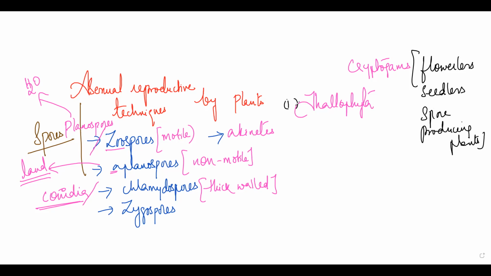I hope you all have once gone through the classification and learned about it in your 10th standard. So I'm talking about the same, that your cryptogams comprise some divisions like Thallophyta, Bryophyta, and Pteridophyta. I'm taking Thallophyta to explain all these spores.